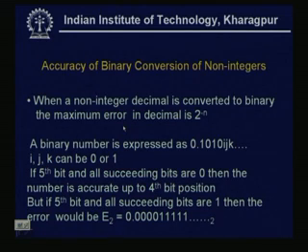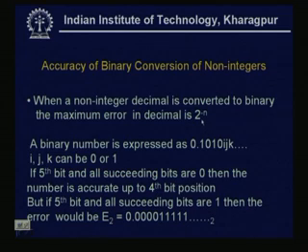That means, if I take 5 digits after the decimal point, I will get a more accurate result, instead of if I take a 3 digit value. Now, the maximum error in decimal is defined as 2 to the power minus n if it is truncated by n bits.